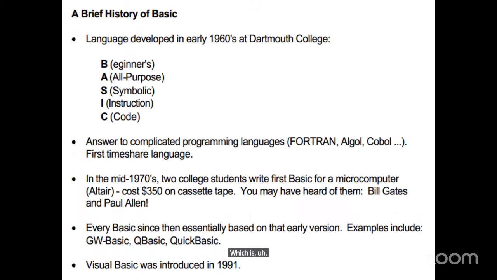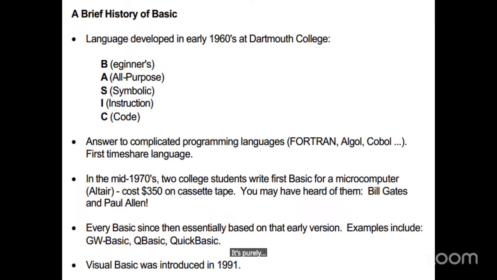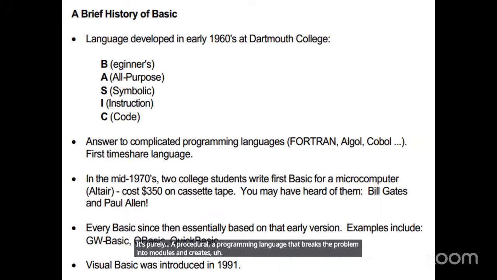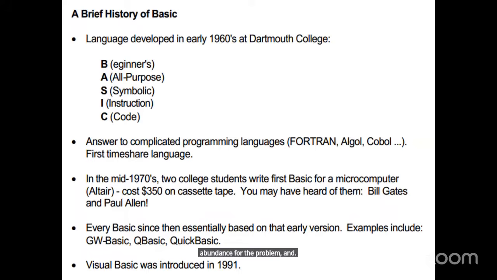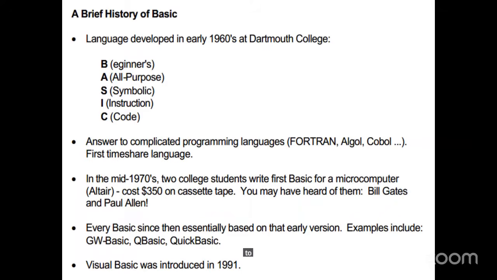We want to look at what BASIC is all about, and then we will do one or two things using Visual Basic. Visual Basic is a procedural programming language that breaks the problem into modules, solves each of those modules, and then brings them together to form the final solution.